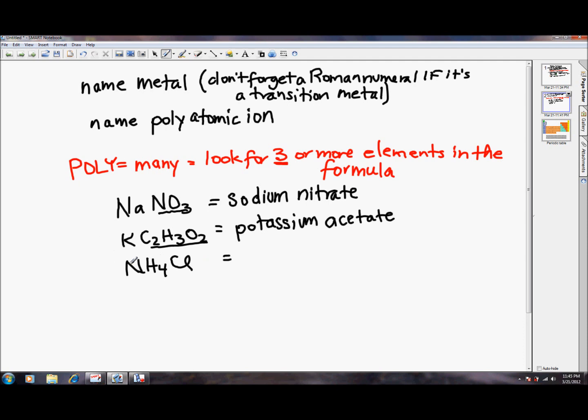If you look on the back of your periodic table, you're going to find NH4. Now why is this at the beginning and where's the metal? Well, this is ammonium. This is the only polyatomic ion that has a positive charge, which means it behaves like a metal. It has to give away an electron to a non-metal. So I'm trying to show you some of the trickier compounds. So this one is ammonium, and that's just chlorine, plain old chlorine, chloride.